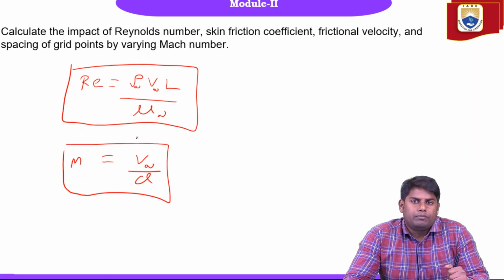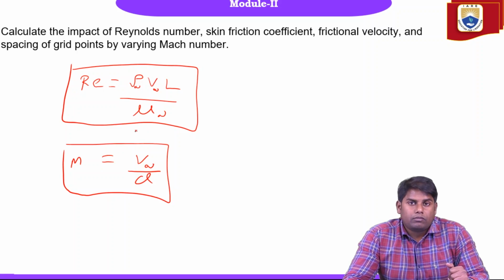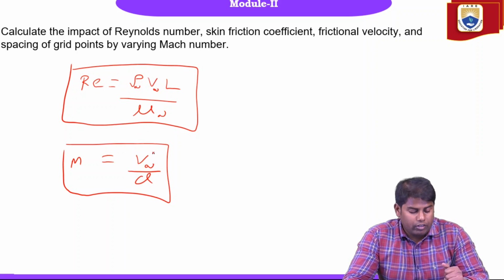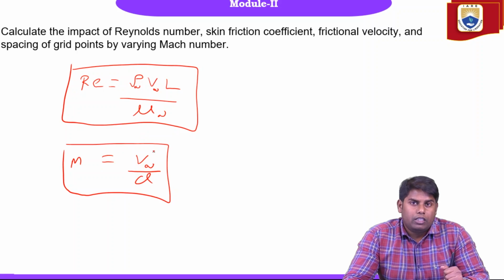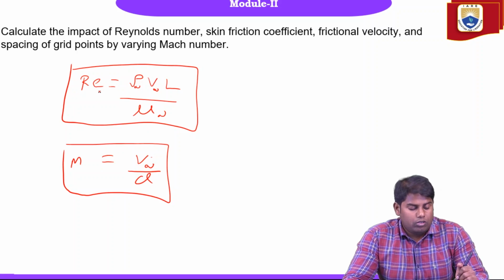One is the flow velocity, which is the speed of the flow divided by the speed of sound in that medium. Or we can take V infinity as the velocity of the body divided by the speed of sound in that medium. So we have the Reynolds number and the Mach number.